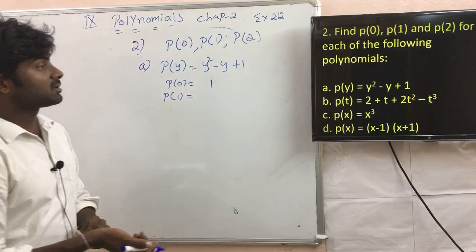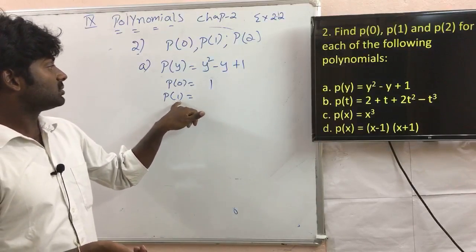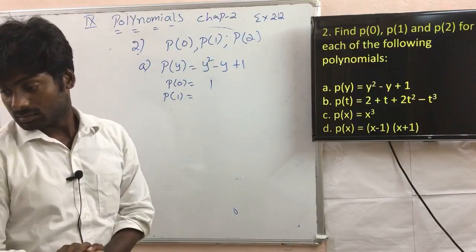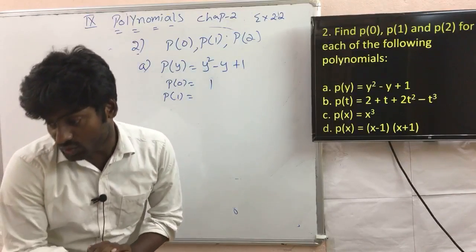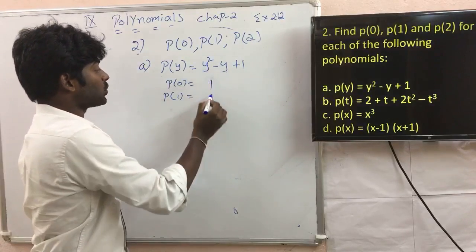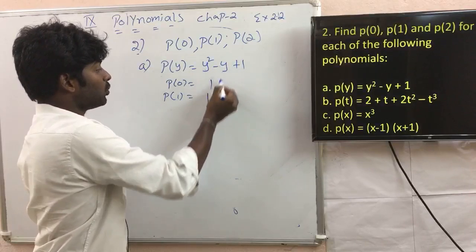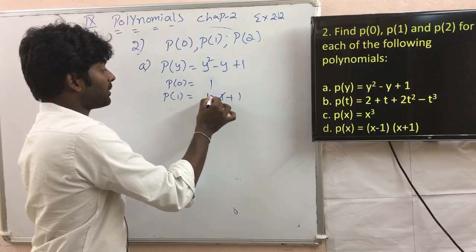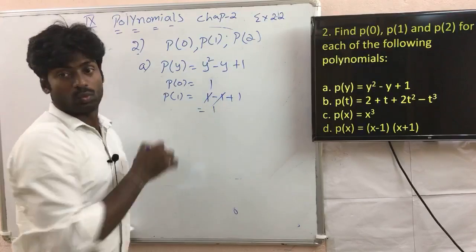I am asking for P of 1. Yes, it is 1, because 1 square is 1 itself, 1 plus 1 plus 1, and minus 1 get cancelled, you are left with 1.